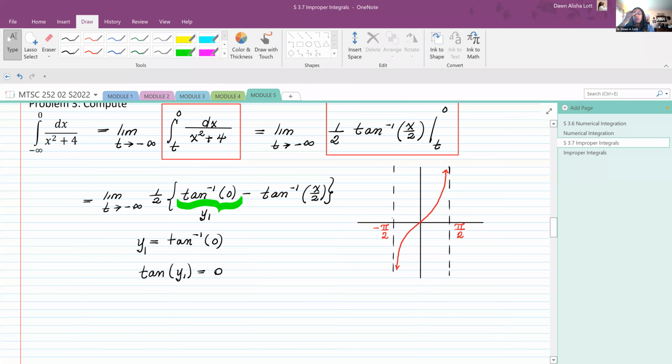If the tangent of y1 is 0, what is y1? You have the picture, you have your own recollection knowledge, and you also have the quick study guide, which has all the values on it. So which angle has tangent equal to 0? All those three things to help you.